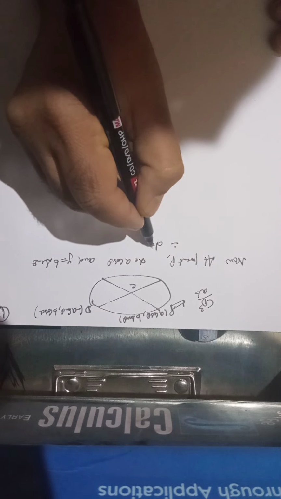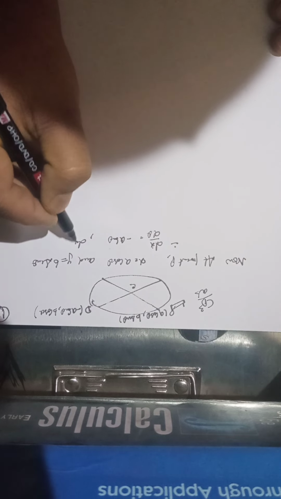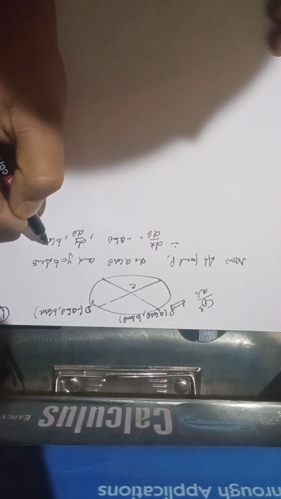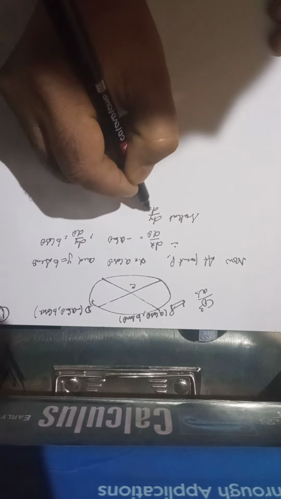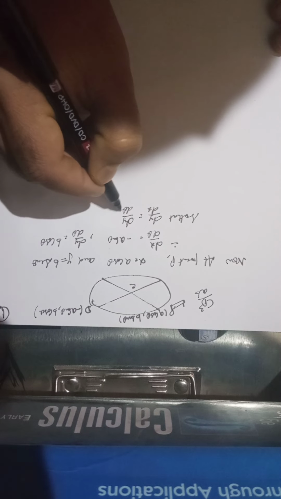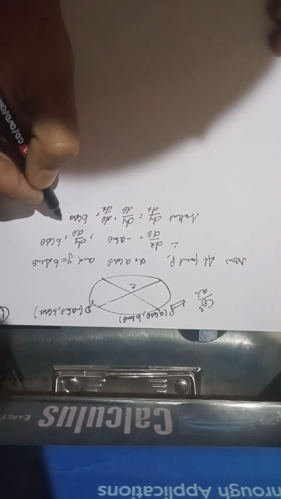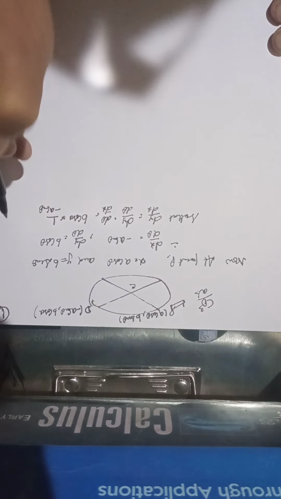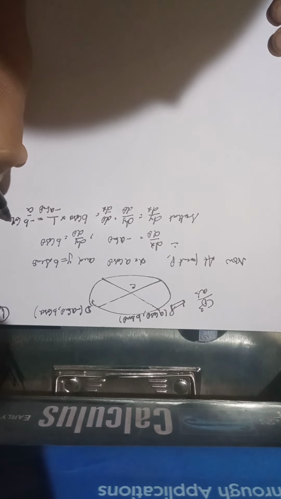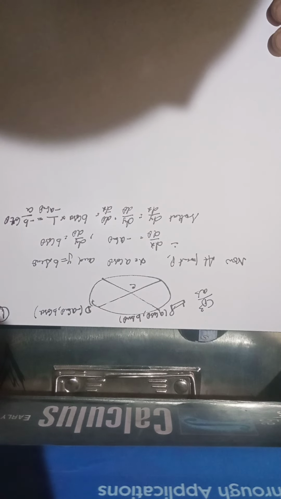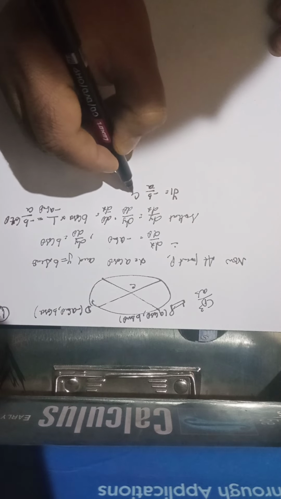Therefore, dx by d theta is minus A sin theta, dy by d theta is B cos theta, so that dy by dx is dy by d theta into d theta by dx, that is B cos theta into 1 by minus A sin theta, which is minus B by A cot theta. Okay, this is your y1. So your y1 is minus B by A cot theta.